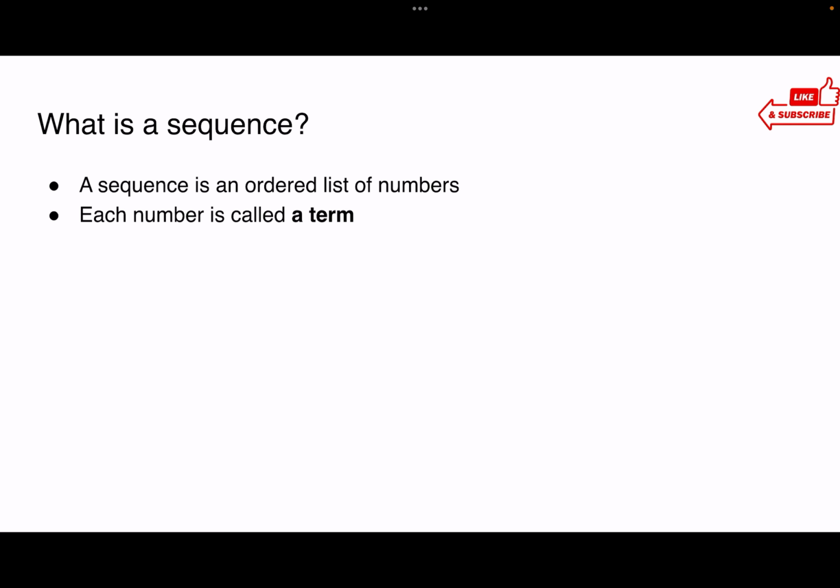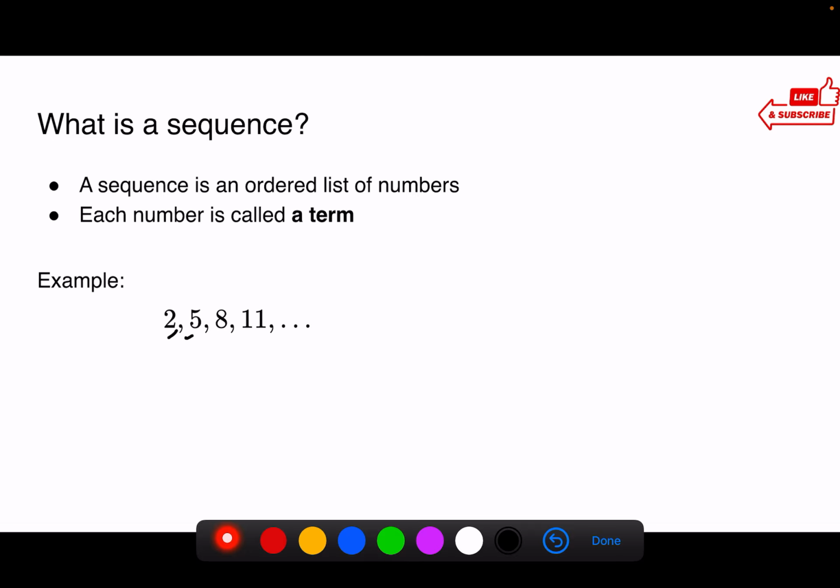Okay, so what is a sequence? A sequence is essentially an ordered list of numbers, and each number in a sequence is called a term. For example, here we have a sequence, an ordered list of numbers, where we have 2, 5, 8, and 11, and each of these is called a term.